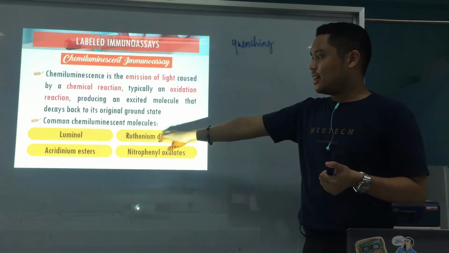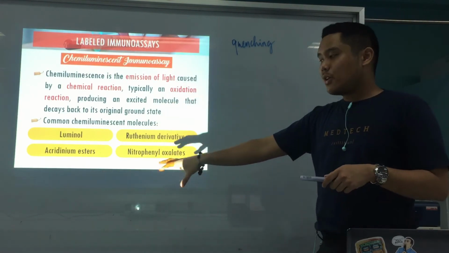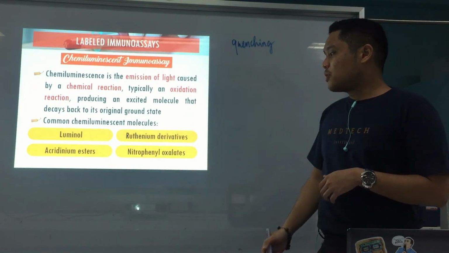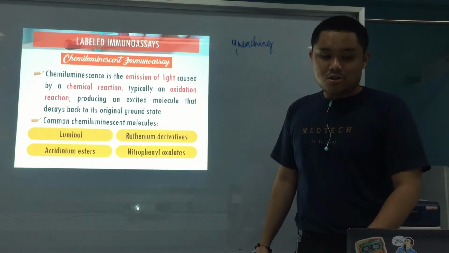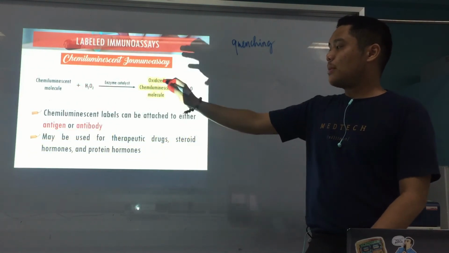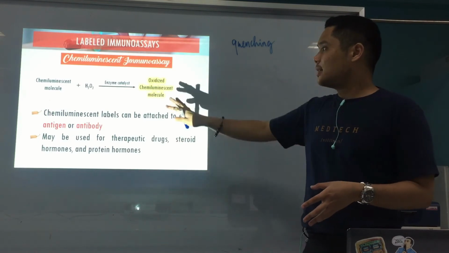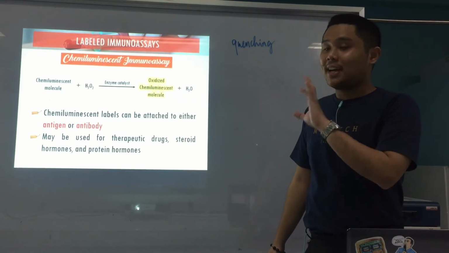The common chemiluminescent molecules are luminol, acridinium esters, ruthenium derivatives, and nitrophenyl oxides. So chemiluminescent molecule plus H2O2, in the presence of an enzyme catalyst, gives an oxidized chemiluminescent molecule plus H2O.